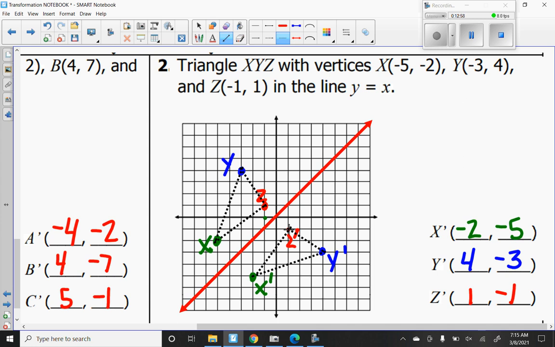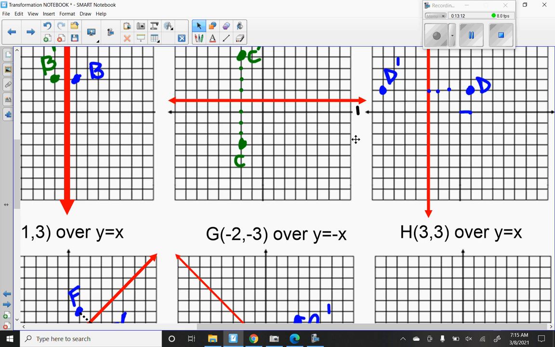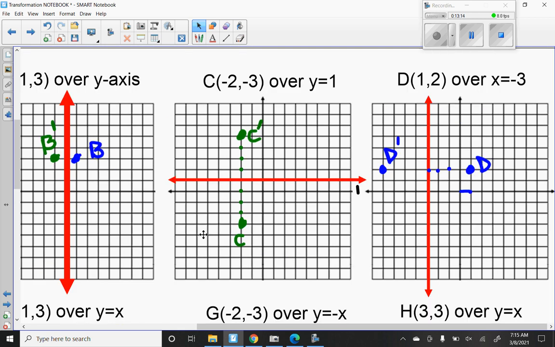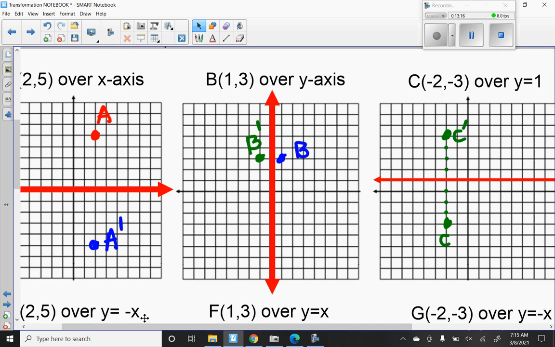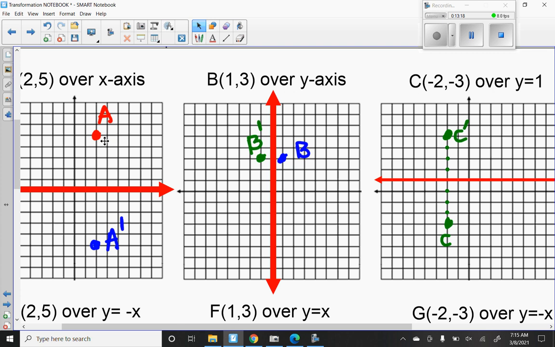So when we do reflections, it might be easiest to do reflections on the actual coordinate plane. It is pretty challenging to do it by hand without coordinate planes. But if you're doing it over the x-axis and y-axis, I think you can probably do it pretty easily without a coordinate plane.